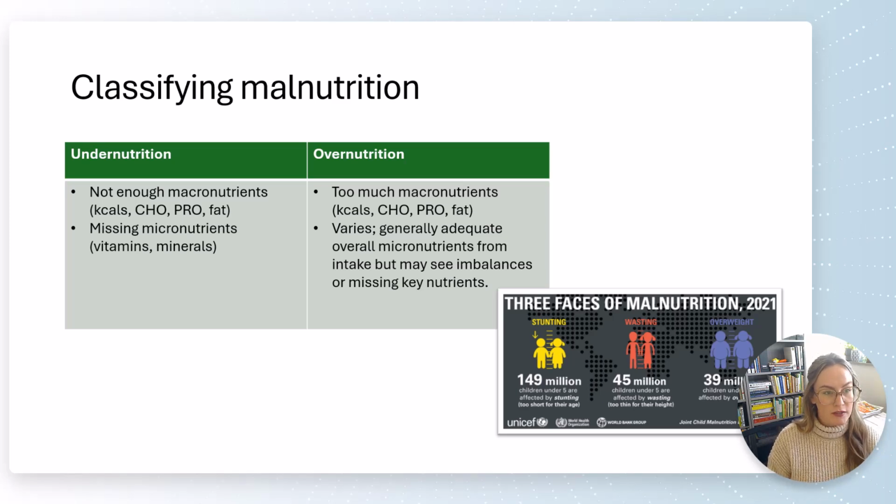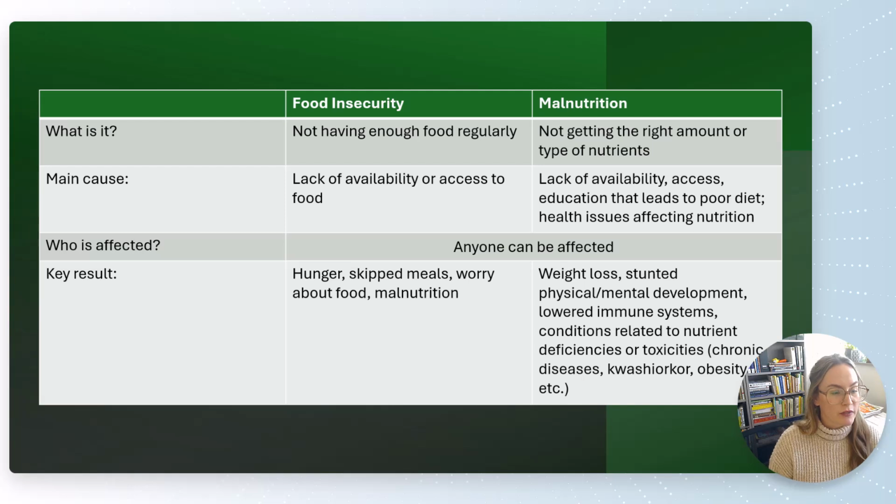This next chart is going to really show side by side the difference between the two. So with food insecurity, at its basic level, what is it? It's not having enough food regularly. Whereas with malnutrition, it's not getting the right amount or types of nutrients whenever I am eating.